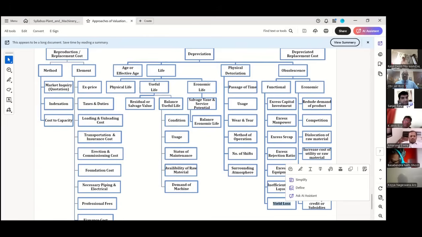Yes, sir. Suppose the subject machine which we are valuing is producing less tonnage than the new machine.